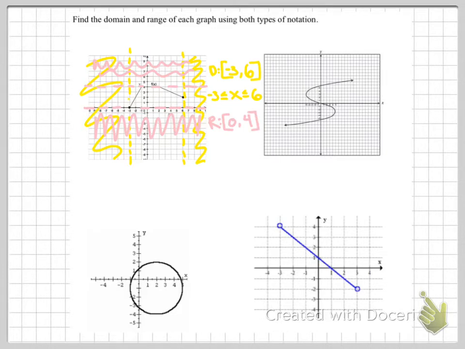If you love inequality notation, which, to be honest, we don't use inequality notation in the upper levels. We want you to get used to interval, but it's perfectly fine if you want to keep using inequality. The lowest it goes is 0. It touches 0, so less than or equal to, let me erase this dot. 0, less than or equal to.